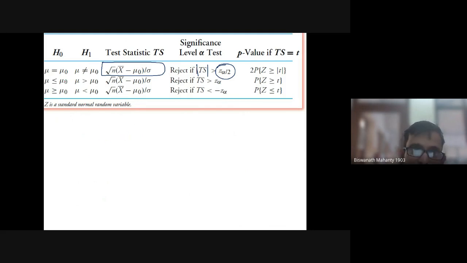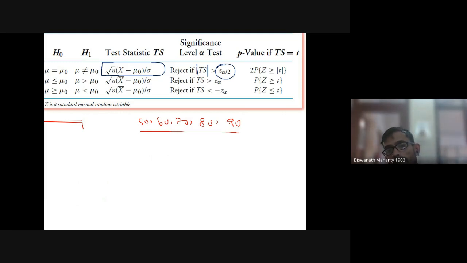There are three kinds of hypothesis tests. One is, okay, from a few values, for example, I'm having some values 50, 60, 70, 80, and 90. We are measuring. Then I'm saying my population mean will be 72.